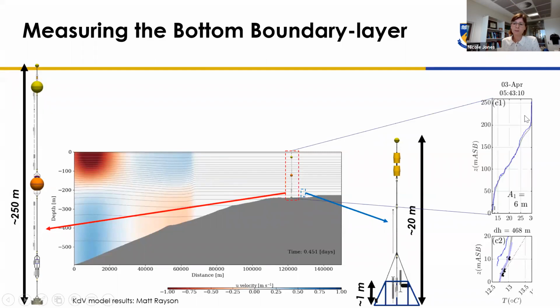So what does the profile of density look like? Well, this is showing you a ship-based profile over the entire water column at one instant in time. So you know from looking at this movie that the isotherms are actually being moved up and down with the internal tide and with the nonlinear internal waves, but this is just one instant in time.